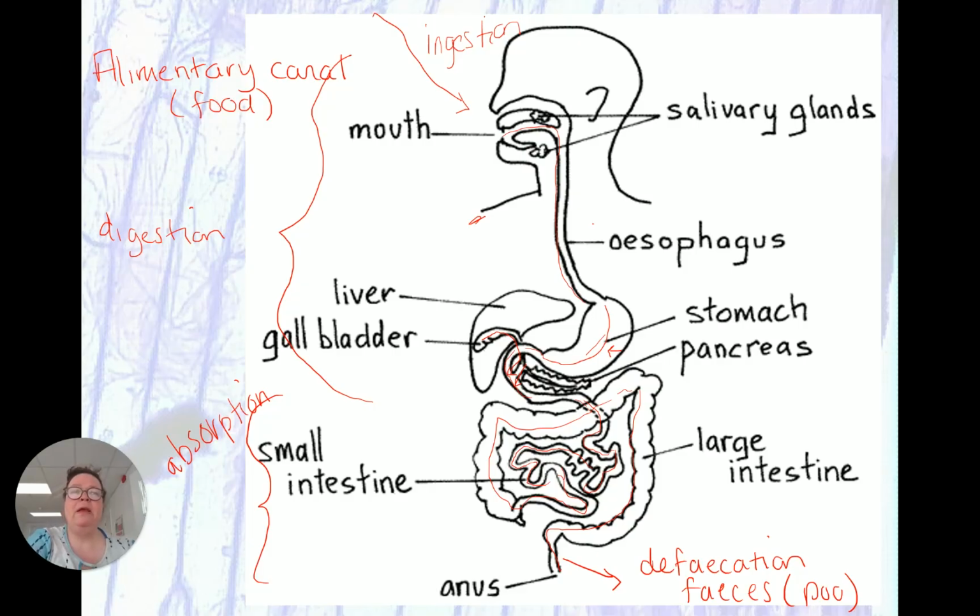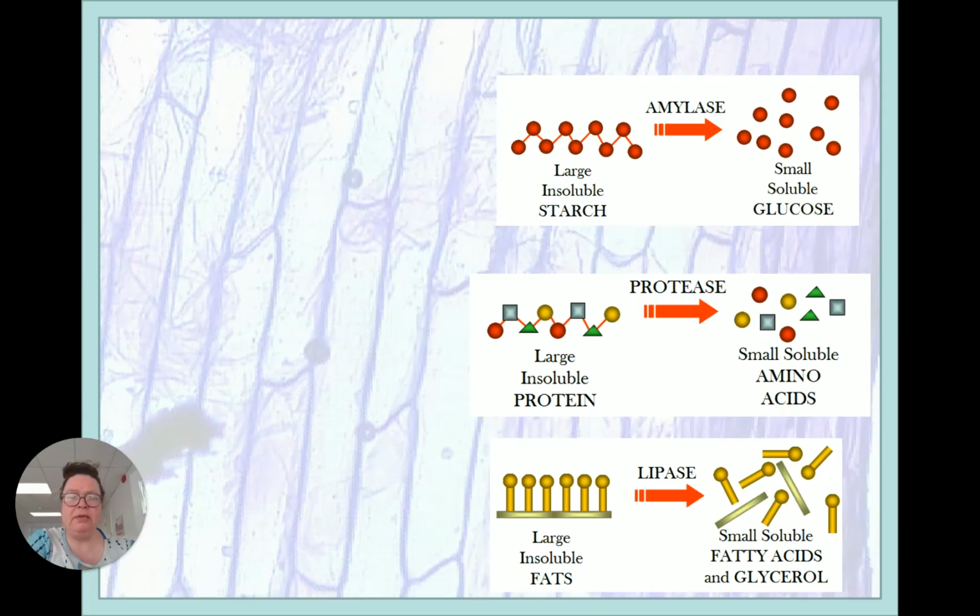So we need to look at the food we take in and what happens to it as it comes in. So on the next slide, we've got these enzymes. So generally, if we eat starch, which is here, it's too big for us to absorb into our bloodstream.